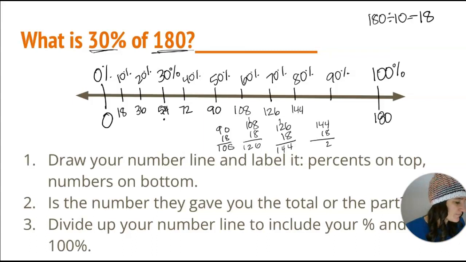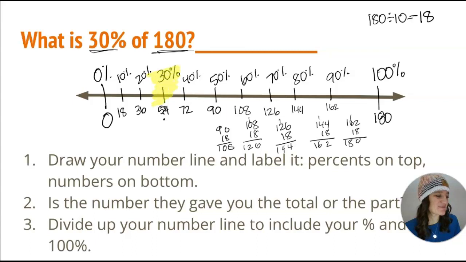Let's see. 162, and 162 plus 18. Yay, I did it right because I got to 180. Cool. But I just realized technically I could have stopped right here because I just wanted to know what 30% of it was. So what is 30% of 180? It is 54.